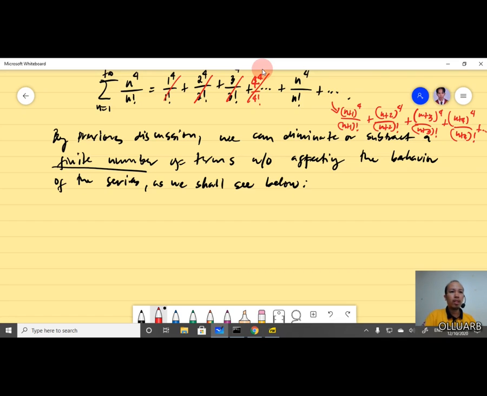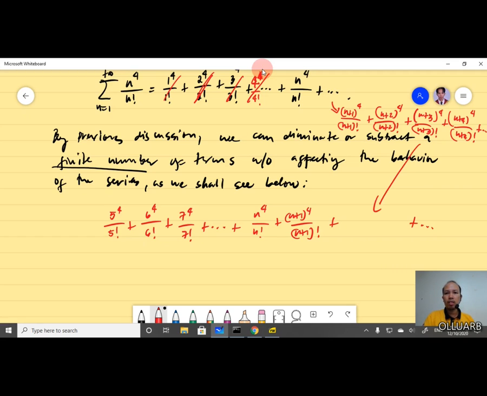So we can start at 5: 5 to the 4 over 5 factorial plus 6 to the 4 over 6 factorial, 7 to the 4 over 7 factorial, and so on. You can write this as n to the 4 over n factorial plus n plus 1 to the 4 over n plus 1 factorial plus dot dot dot.